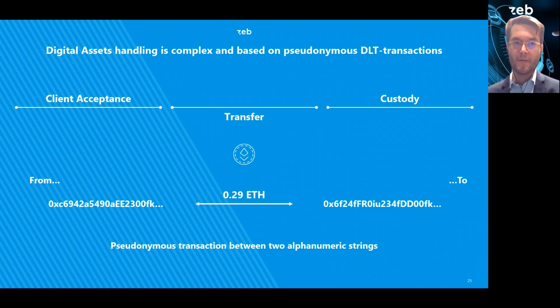So first of all, when we're talking about blockchain transactions or DLT transactions in general, we have one major issue, which is that you do not transfer assets or tokens from one person to another. You transfer them from one alphanumeric string to another. And with this setup, which is basically the key component of each and every blockchain transaction, it's not easy for banks or financial institutions to identify who is standing behind which string.